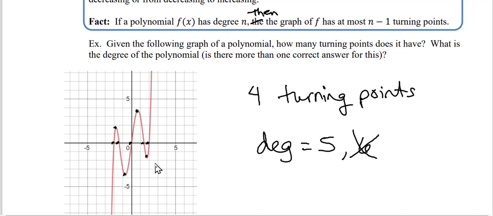The graph crosses at all of these x-intercepts. There's none of that touching and turning around and coming back. So there can't be an even multiplicity. You could have 7 for your degree because, say, one of these could have multiplicity of 3. Okay, 9, 11, and so on. You could go on with all those odd degrees.